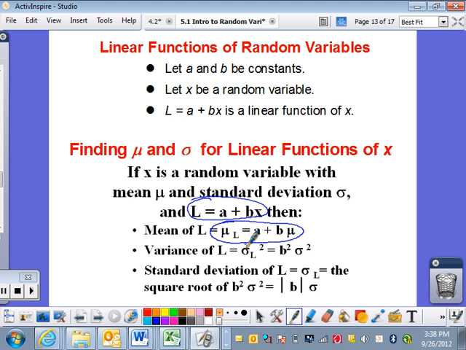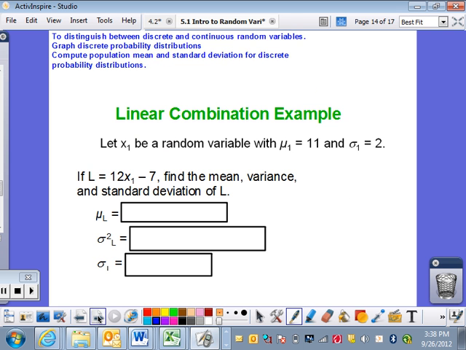They have this guy right here. Okay, so what we need to do is go through. I just want to show you a concrete example of what we're going to use. So they're saying let x1, some variable, okay, have a mean of 11, standard deviation of 2, and they give you this line.